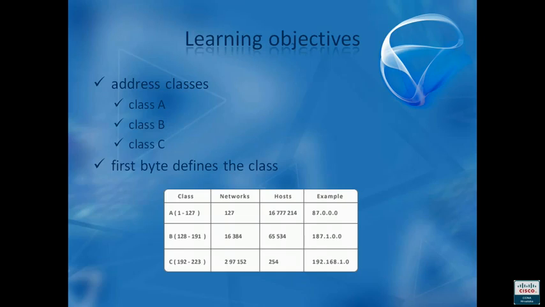Let's say, for example, that we have an IP address of 101.1.0.0. By looking at the table shown in the figure, we can see that Class A addresses range from 1 to 127. That means that our IP address of 101.1.0.0 is actually a Class A address.